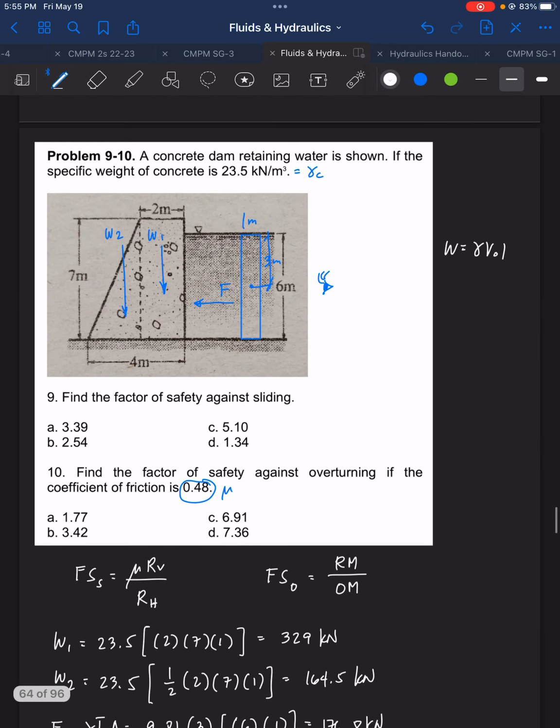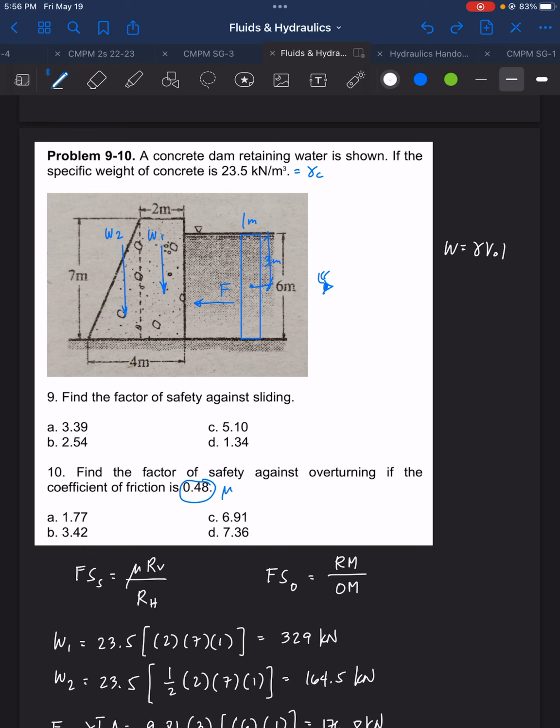From the figure, for the righting moment, you are to consider the forces that will make your structure stable. What force will cause the structure to be stabilized? That is the weight of the structure. How about the overturning moment?